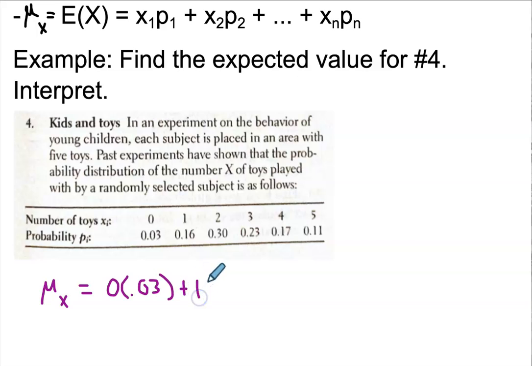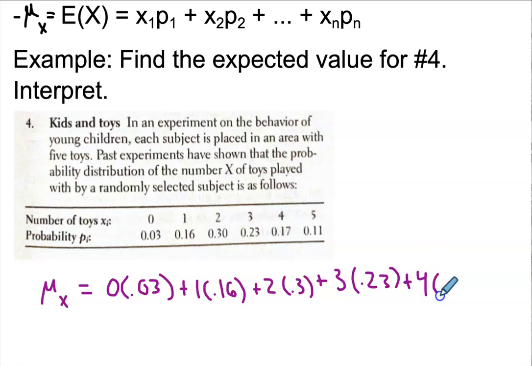Plus, my next value is 1, multiplied by the probability associated with the value of 1, sorry. Same thing. Now I have an outcome of 2 with a probability of 0.3. Now I have an outcome of 3 with a probability of 0.23, plus an outcome of 4 with a probability of 0.17, and last an outcome of 5 with a probability of 0.11.